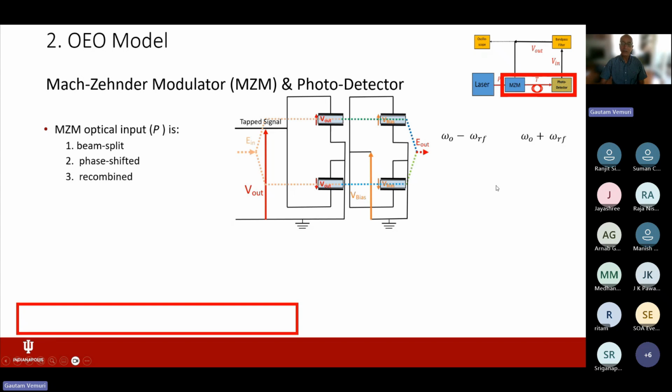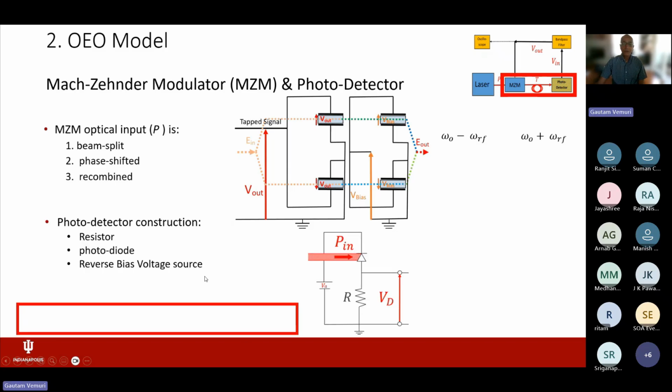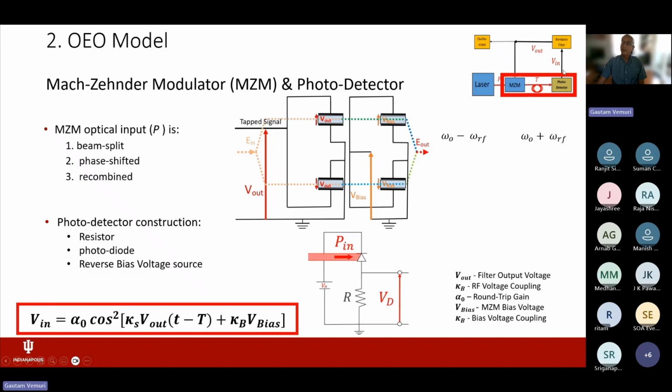So that's how one makes sure that the frequency that survives within this optoelectronic oscillator is just the RF frequency. The photodiode is a standard reverse biased photodiode. You put some light into it and then you get some electrons and then it runs through. This V in here, after the photodetector, depends upon the amplifier gain. This cosine squared term comes from the amplitude modulation, how the Mach-Zehnder modulator modulates the light.